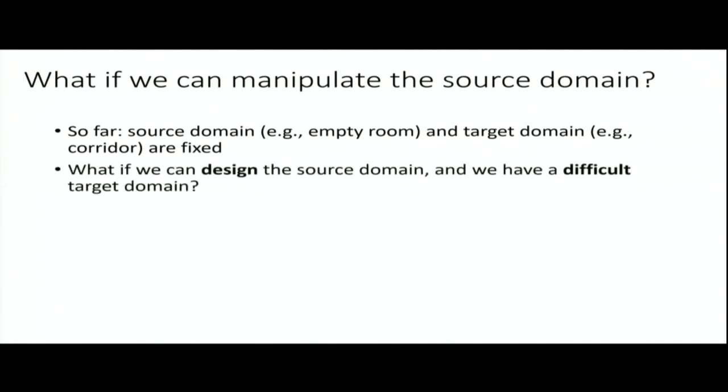So what if we can design the source domain however we want, and we have a really difficult target domain? This is often the case if you're considering training in simulation and then transferring to the real world. Typically, the simulation is something that you can design yourself, you can modify it however you want, but the real world is what it is, and it's typically quite hard.